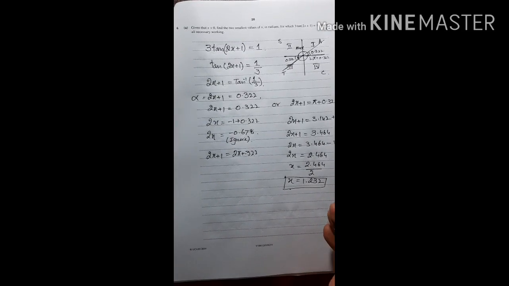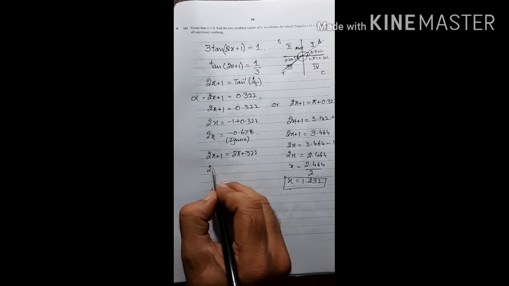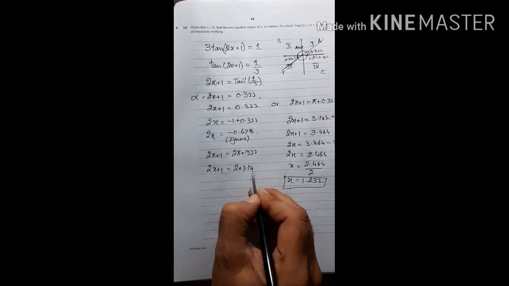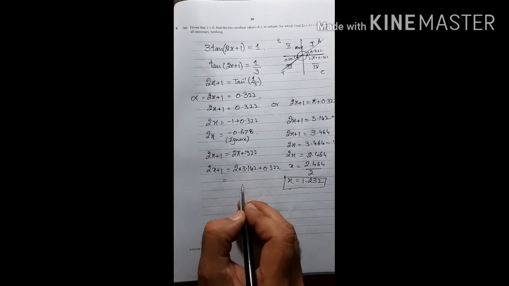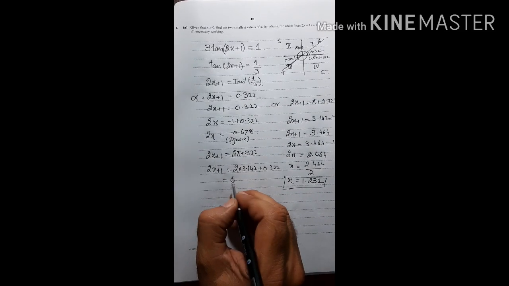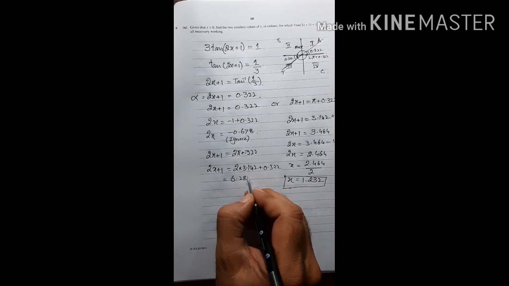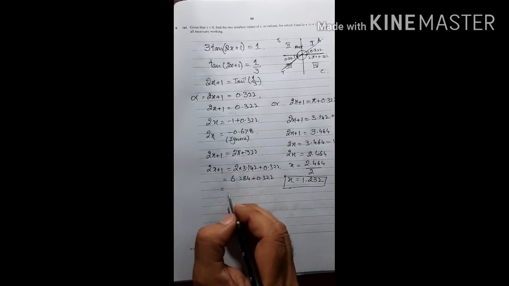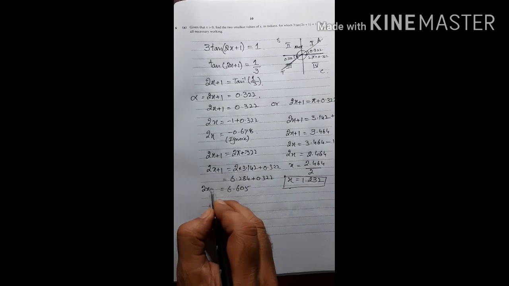And the second is this one. 2x plus 1 is 2 into 3.142 plus 0.322, and this will be 6.284 plus 0.322. This will be 6.605, 2x plus 1.